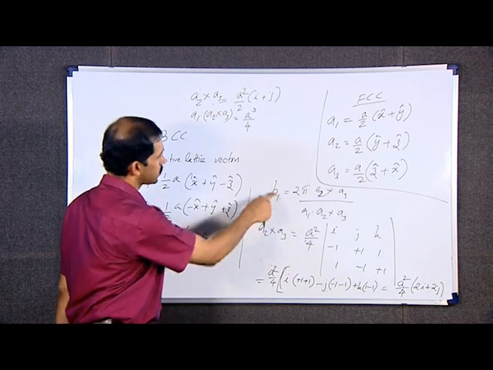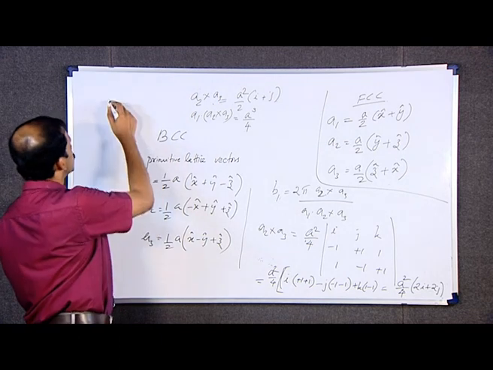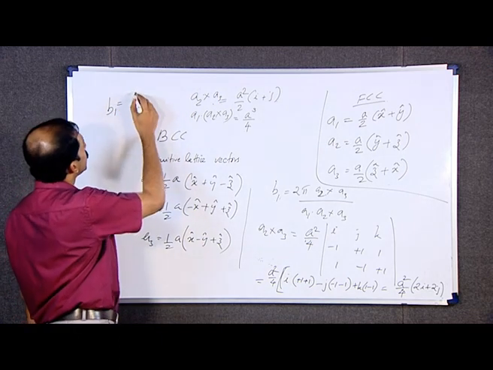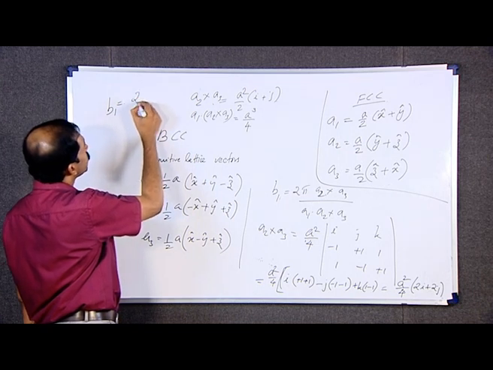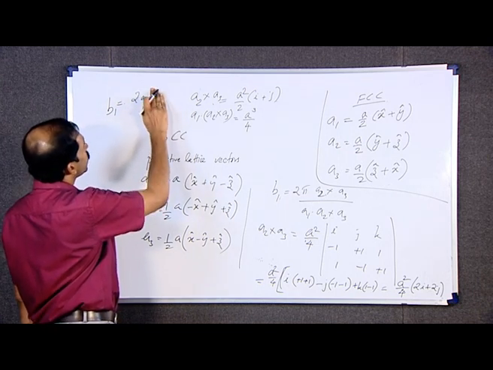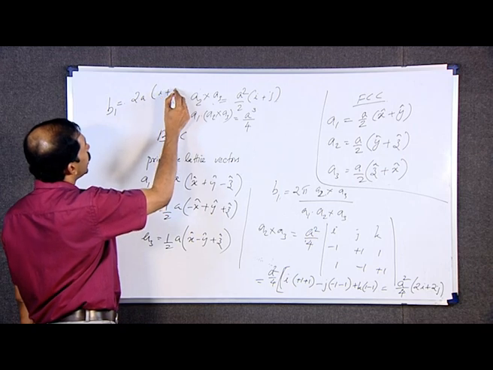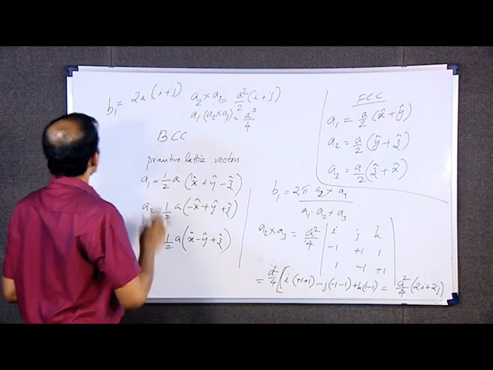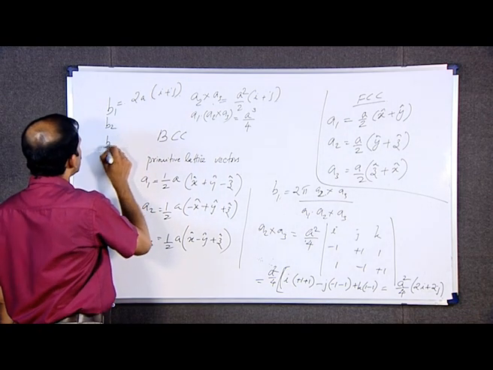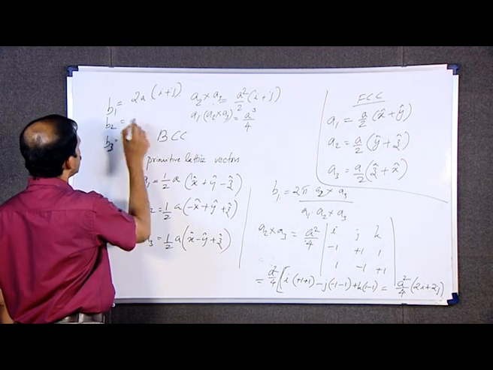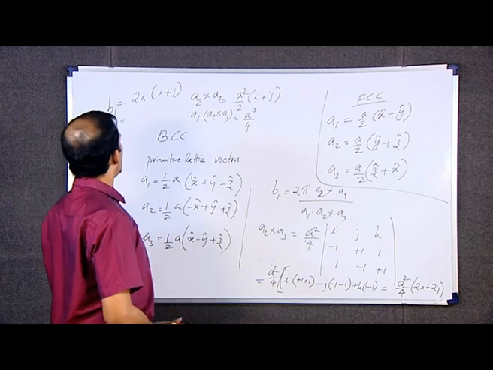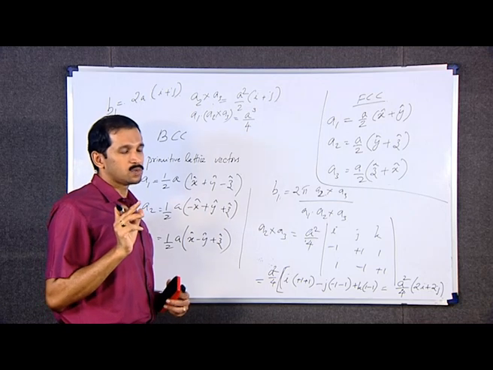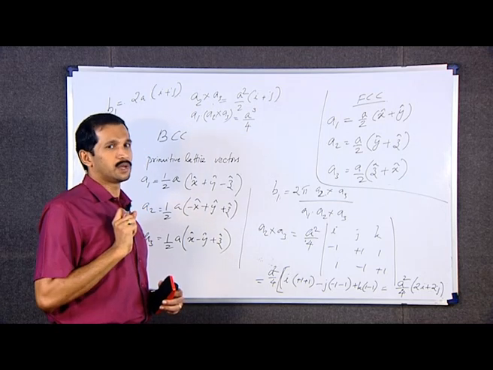Now we substitute that for the B1. So, B1 will come to be 2 pi by A into i plus j, and correspondingly you will have the B2 and the B3, which you can evaluate by yourself. And now the same question exists as we did for the simple cubic lattice also.